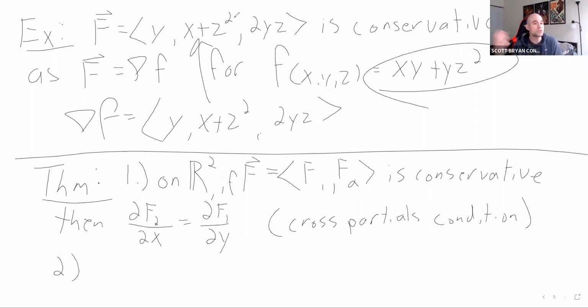Okay, so in R2, if your vector field is conservative, then it's going to satisfy this cross partials condition: the partial of the second with respect to x is equal to the partial of the first with respect to y.